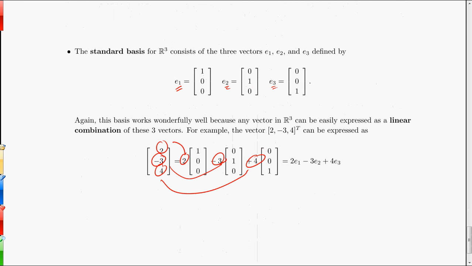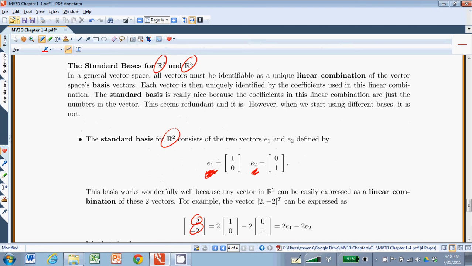So it's super convenient, super easy. But as we start using other bases, it gets a little trickier, and so just understanding this concept of a basis is important at this point. And so that wraps up chapter 1.4, and I will see you in chapter 1.5.